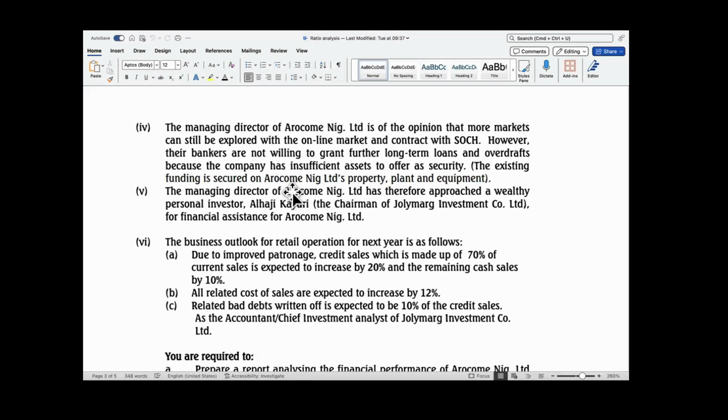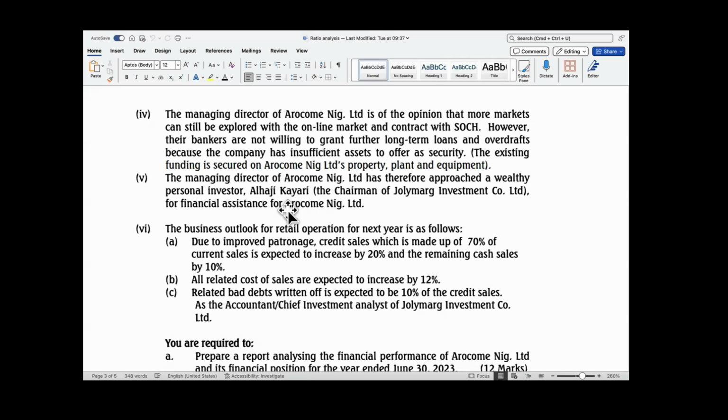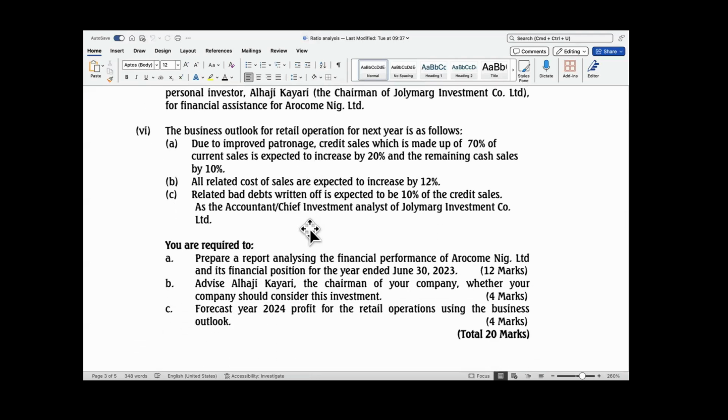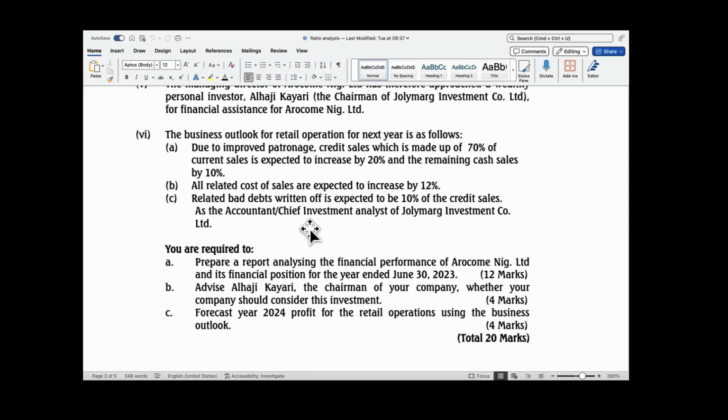Because of that, they approached a wealthy investor, Alhaji Kyari, and Alhaji Kyari is the chairman of Jolly Investment Co. Limited. So, as a result of that, now, you work with that chairman, that Alhaji Kyari.